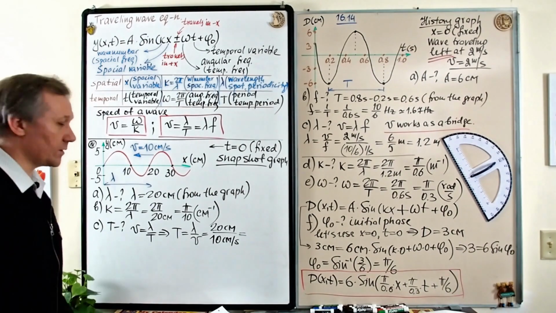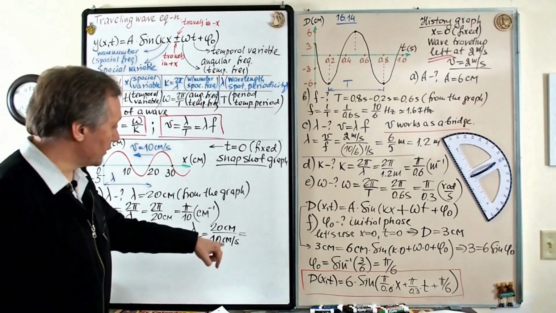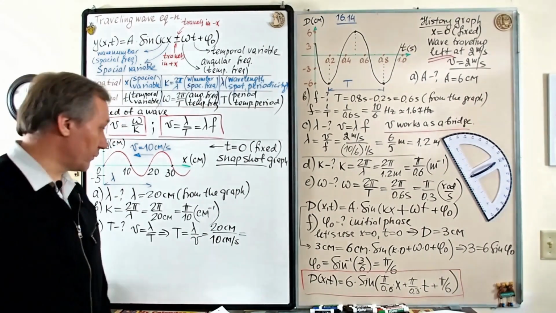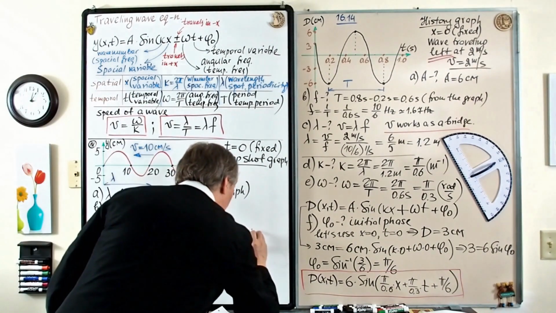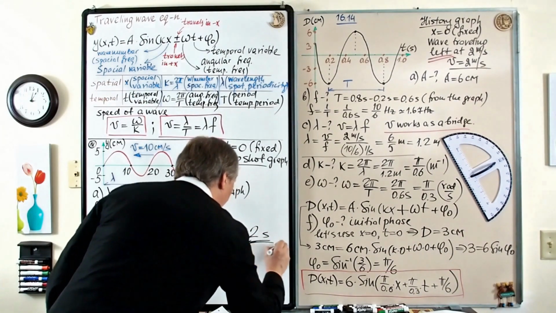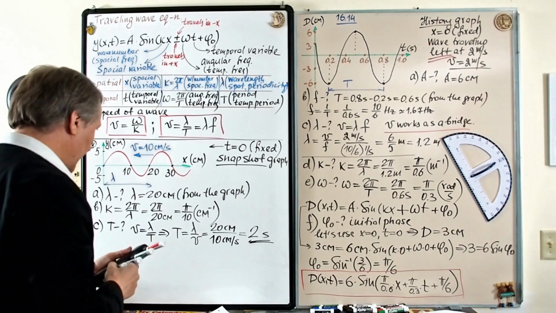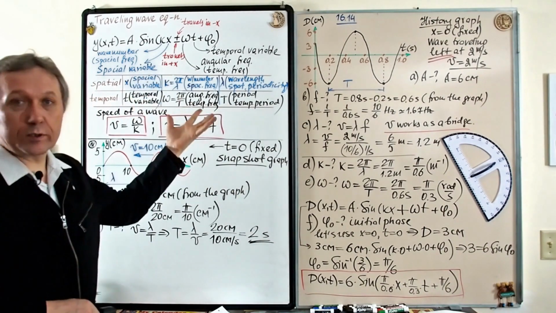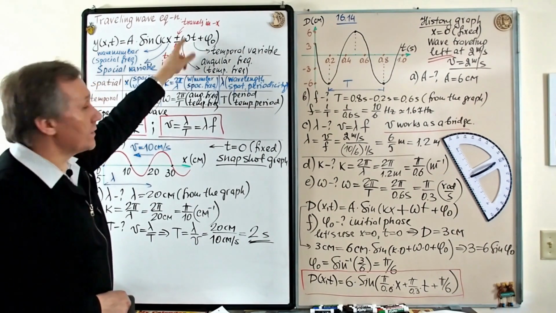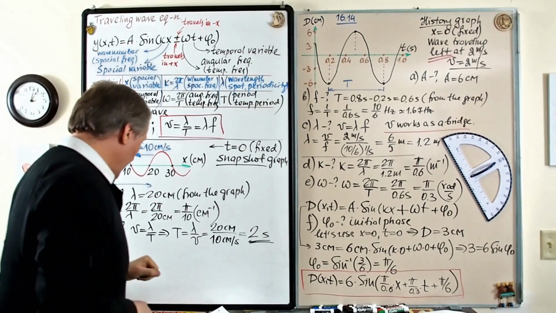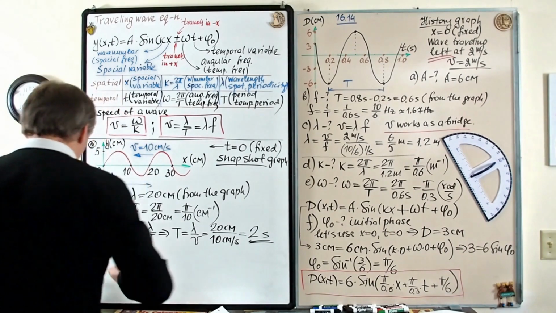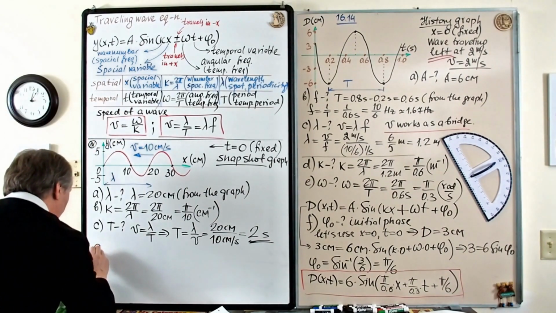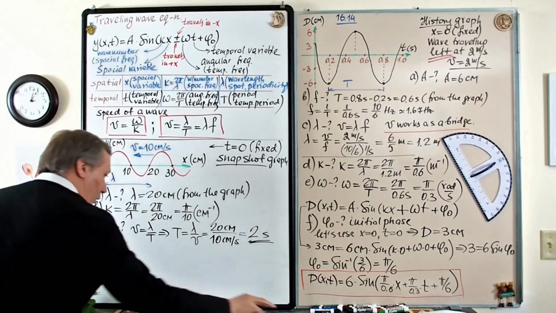Second goes upstairs in the numerator, and we will have just 2 seconds, a period of 2 seconds. So the period is found, and now logically we need to find omega, the last missing parameter. So the next one: A, B, C, now D, omega.